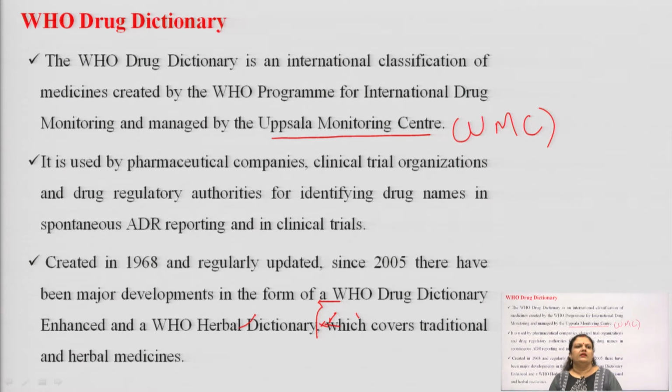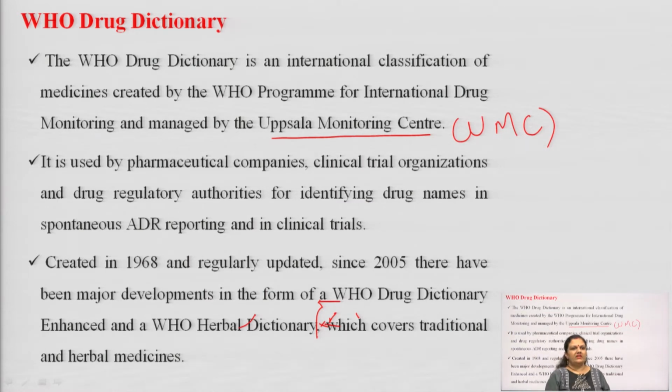The WHO drug dictionary is basically used by pharmaceutical companies, the multinational companies all over the globe, as well as by clinical trial organizations, CTO in short, who later run the different phases of trial by giving that particular medicament to human volunteers, which include healthy as well as ill volunteers.